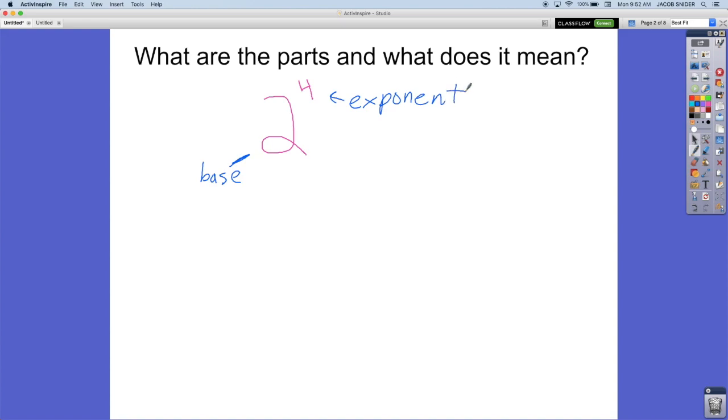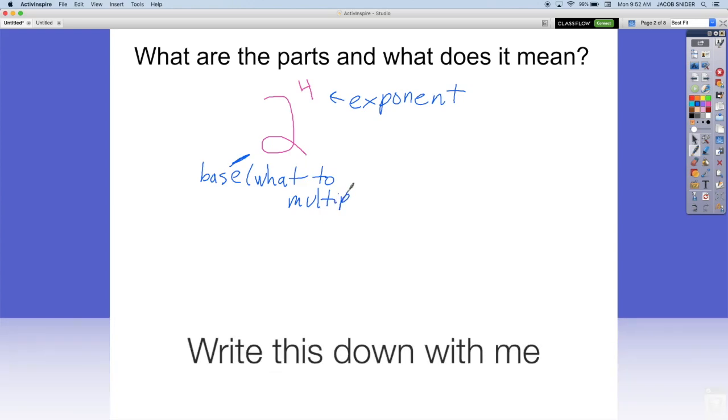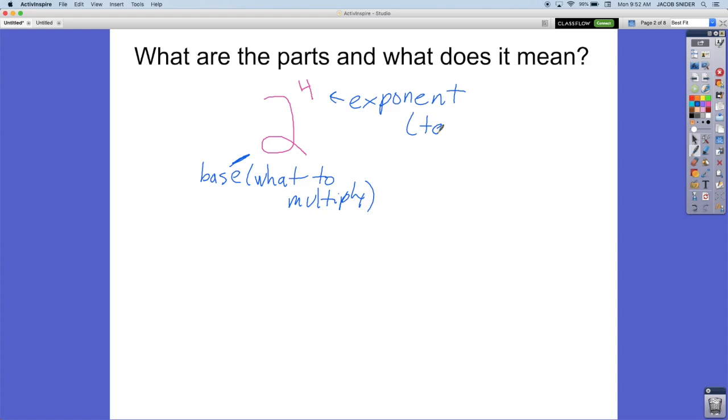Now, what does it mean, right? What are we going to do with it? What should we do? So what does it mean? The base is what I'm going to multiply, and the exponent tells me how many times to multiply.